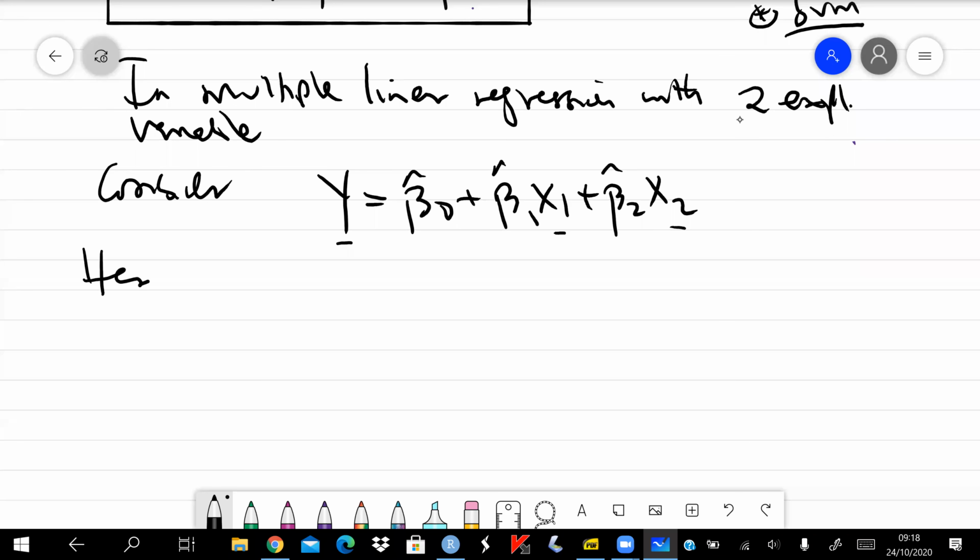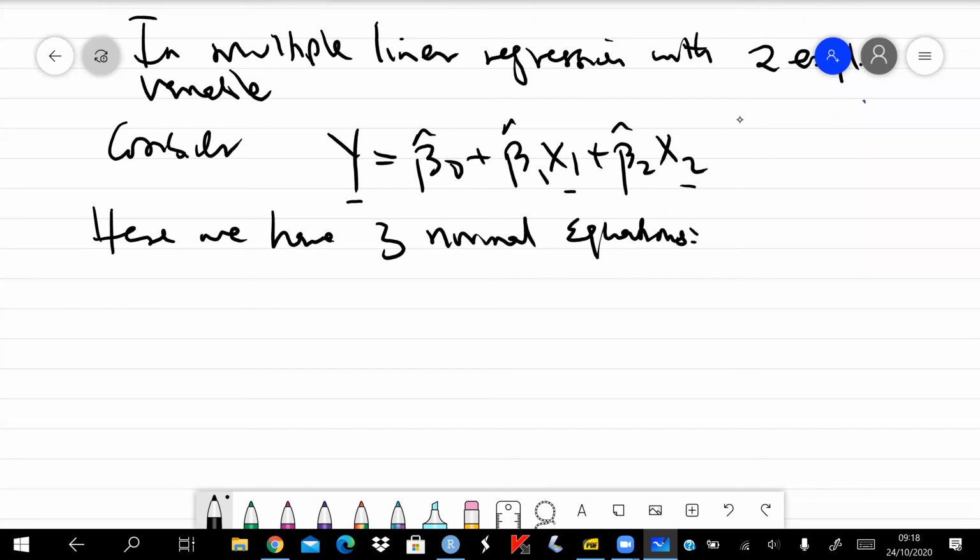We shall be obtaining them using the same analogy. The first normal equation: you sum up every term of this original equation, and remember you have a sample of size n. So I sum up this one, I get summation of y.